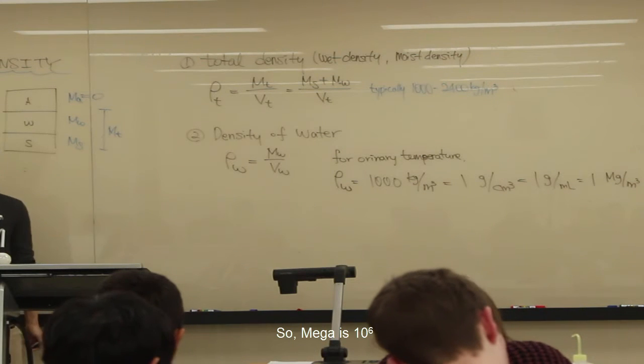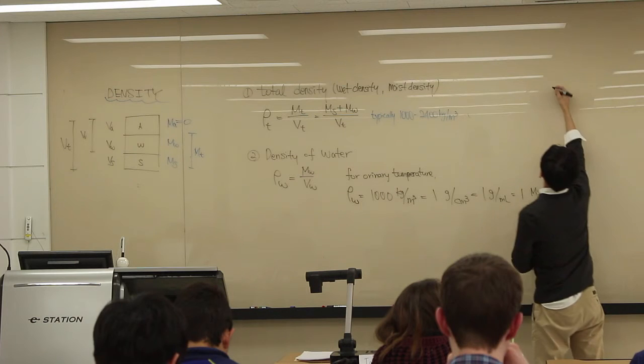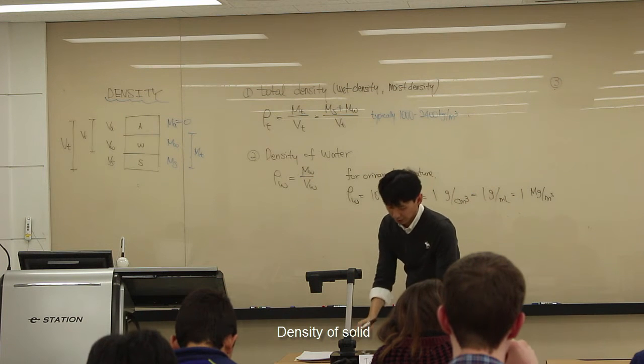Mega is 10 to the 6, so I think that's the value. Density of granite.